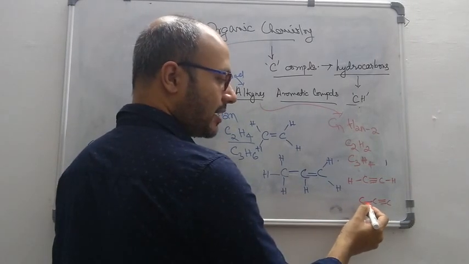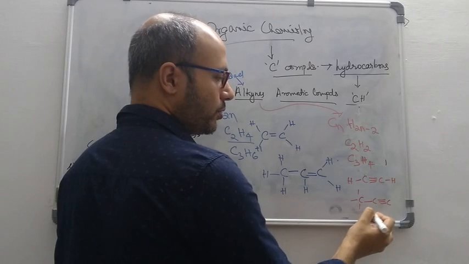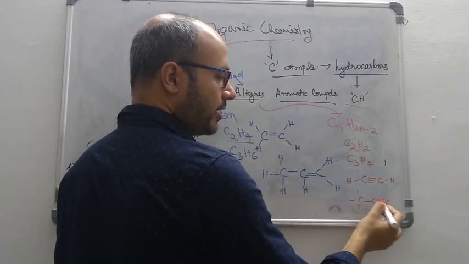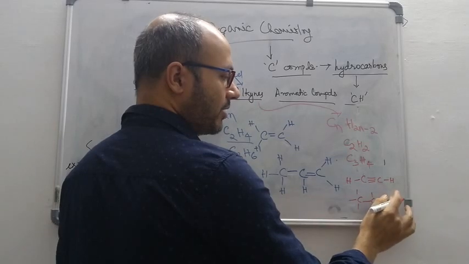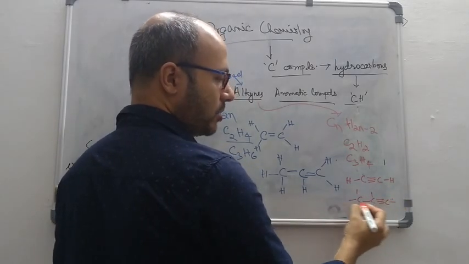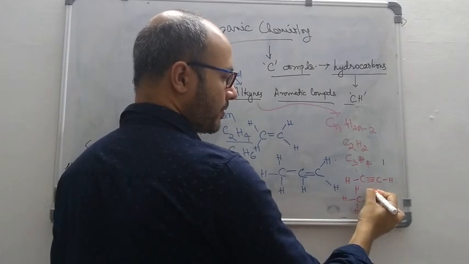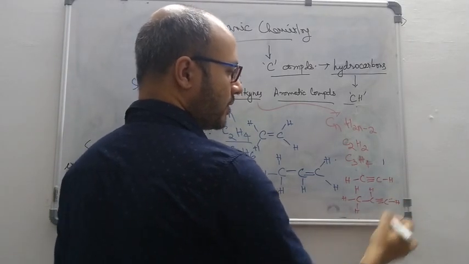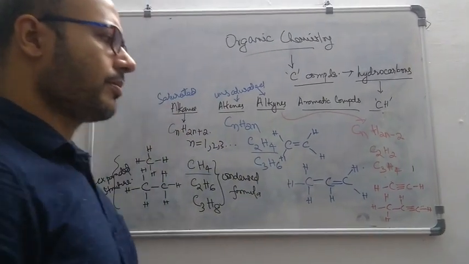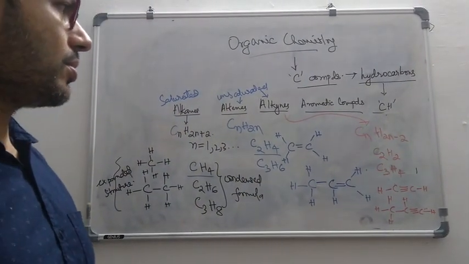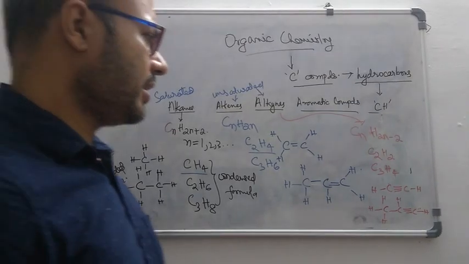Now, if you see this carbon, it has 1, 2, 3, 4, and this 1, 2, 3, only one more, because this has already three bonds. So you will attach hydrogens there. So you have 1, 2, 3, 4, 5. Right? Did I make some mistake?